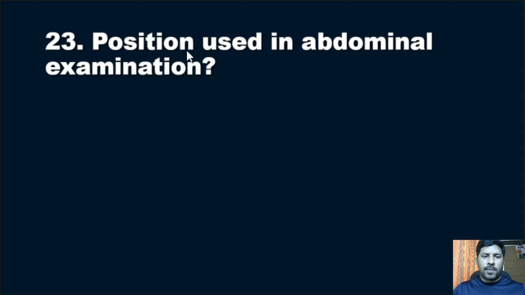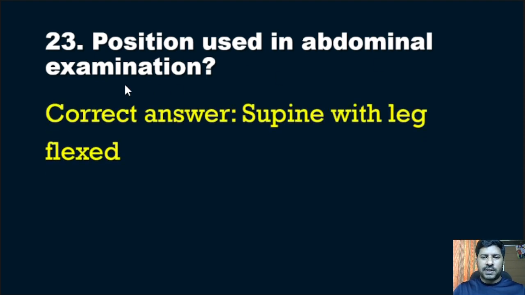Next question. Position used in abdominal examination is supine position with legs flexed. In this position the abdominal muscles will be relaxed, so we can assess the abdomen easily.